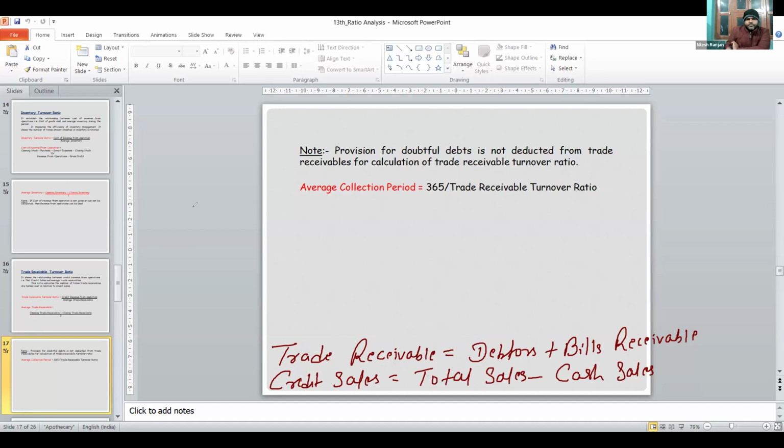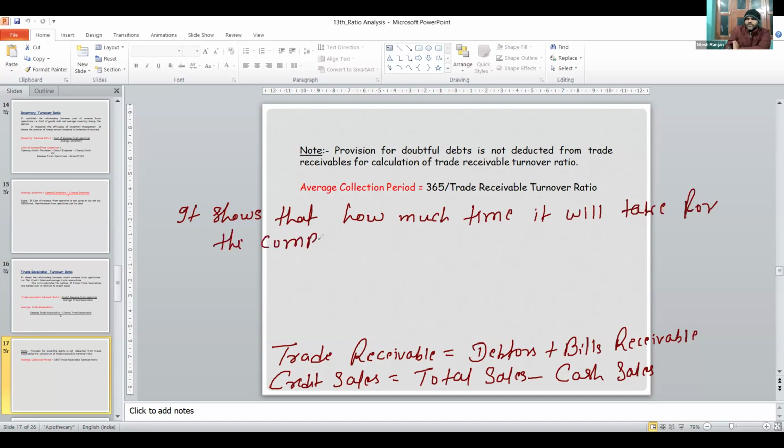The meaning: it shows how much time it will take for the company to collect money from debtors.